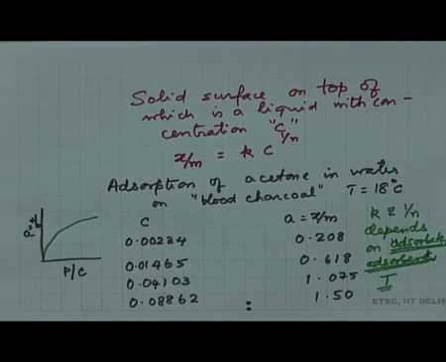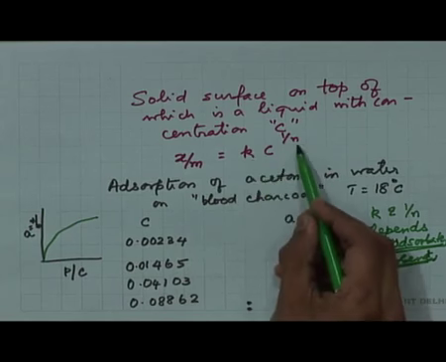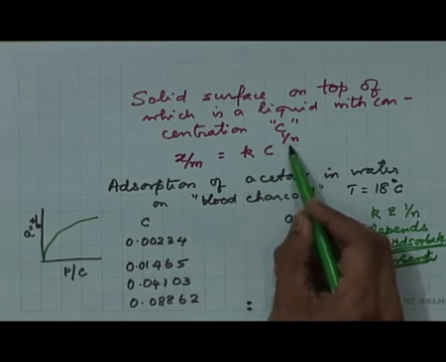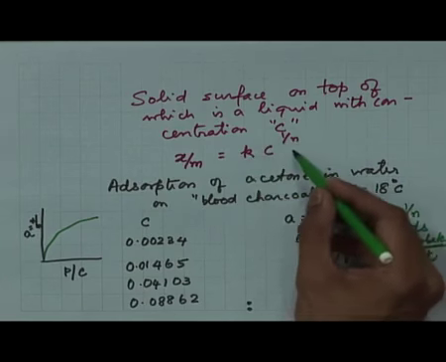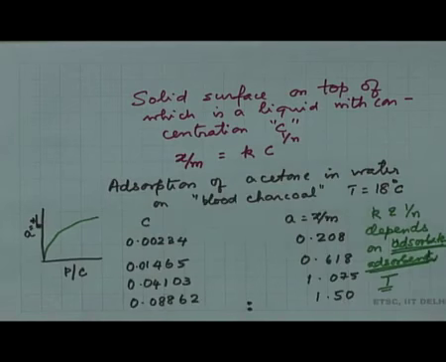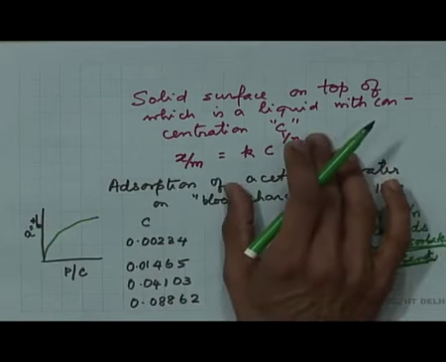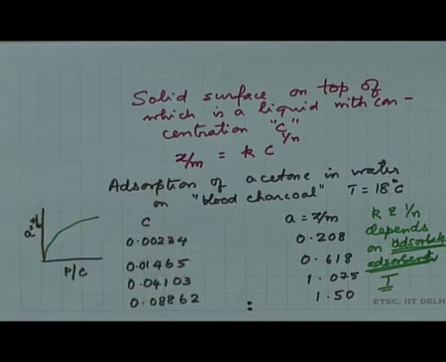If any of them change, then k would change and so would 1 over n. And 1 over n, it turns out from practice and experiments, has a smaller range when you have a liquid as opposed to a gas. But that is a general observation.